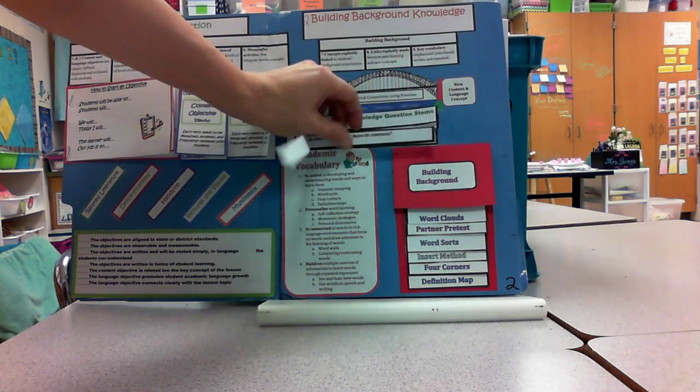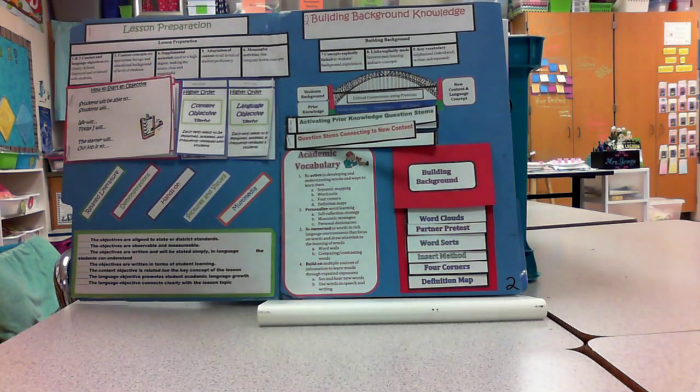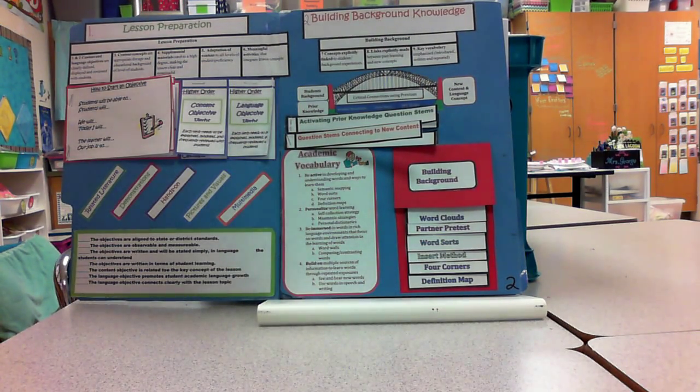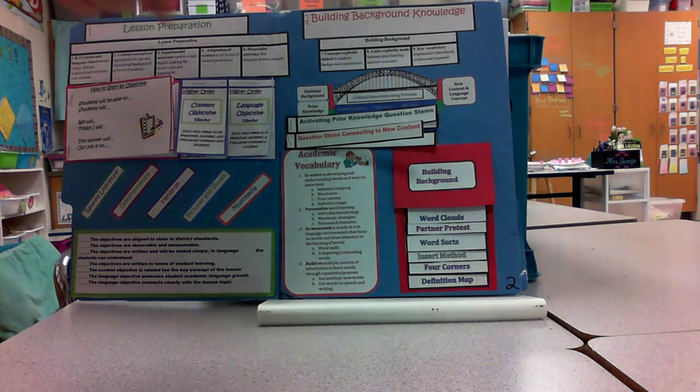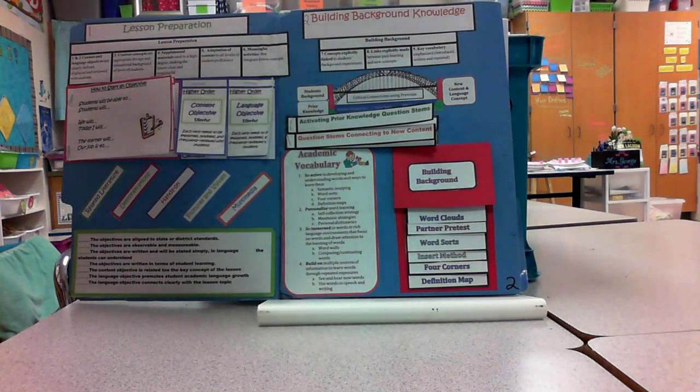It'll help you relate to what they've learned before, what you've talked about before. It's really important to do that so that you can make those connections, because that's how these kids are going to get the concepts, by making connections and making the content meaningful to them somehow.